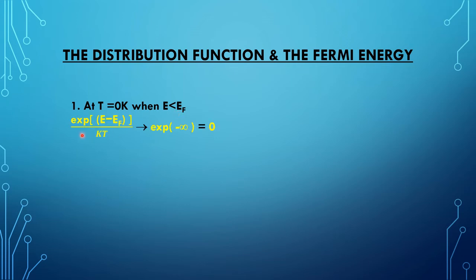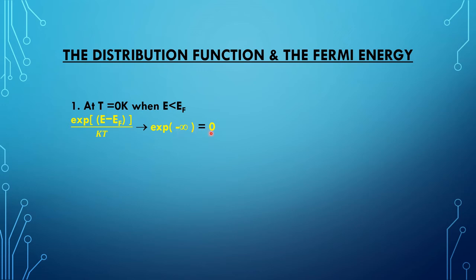At this condition, the Fermi distribution function, we know, is 1 by 1 plus exponential (E minus Ef) divided by kT. So the exponential part (E minus Ef) divided by kT, when E less than Ef, the exponent is minus infinity.